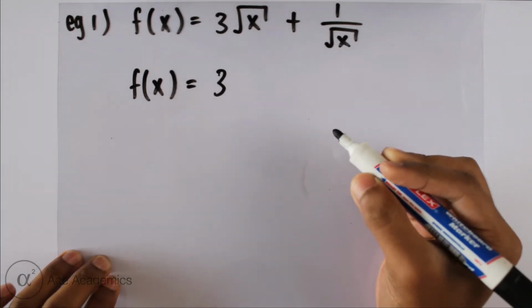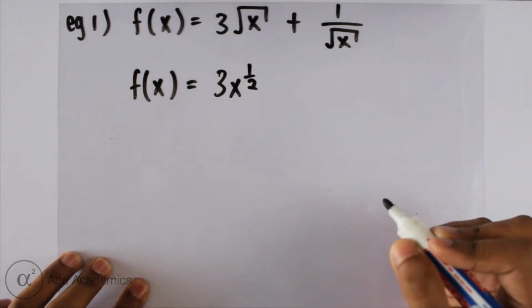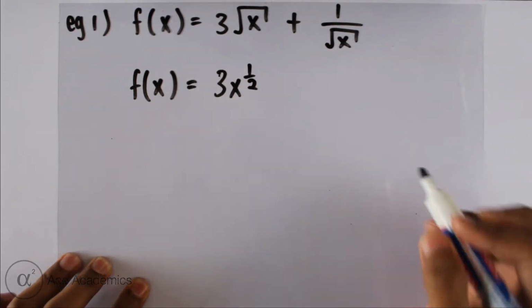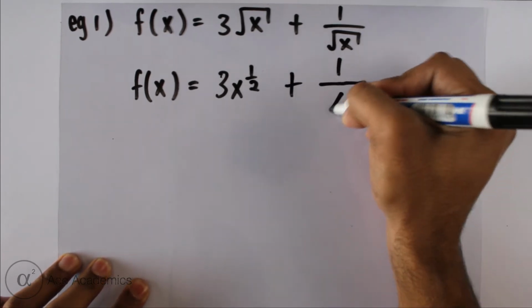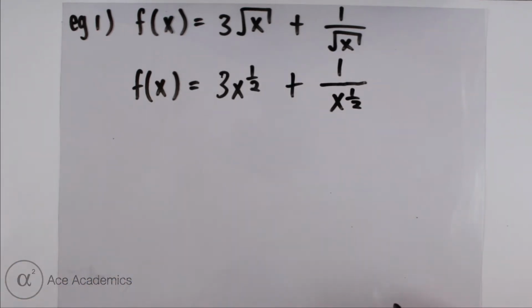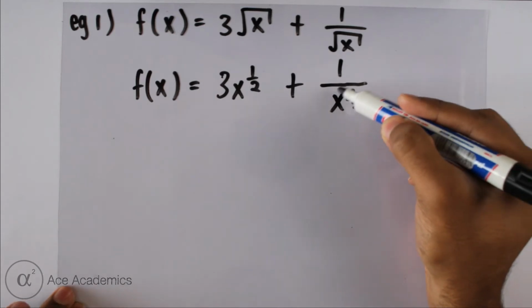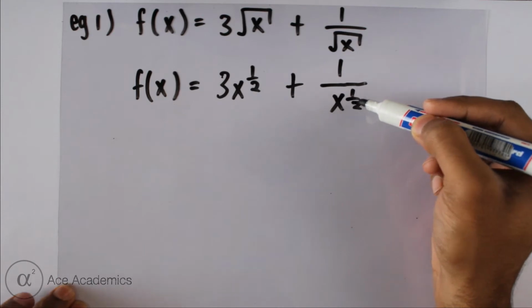We can change the square root of x to x to the power half as per our normal laws of exponents. Then, in the next step, we can bring this x to the power half to the numerator as long as we change the sign of the exponent.